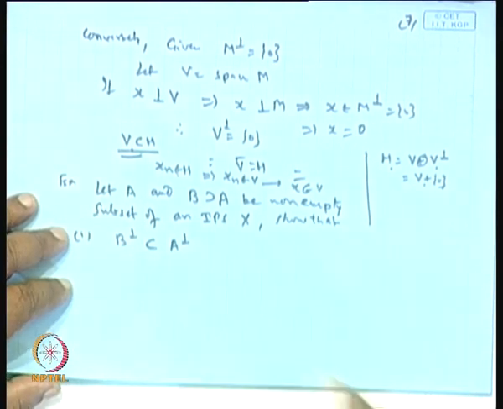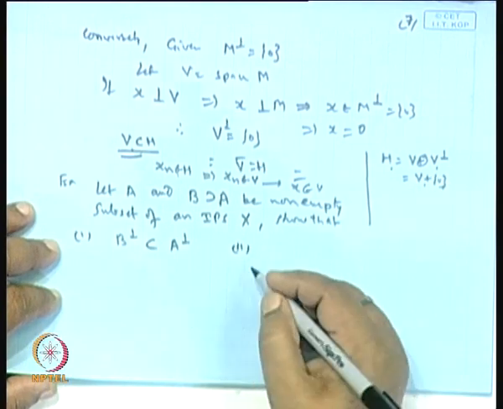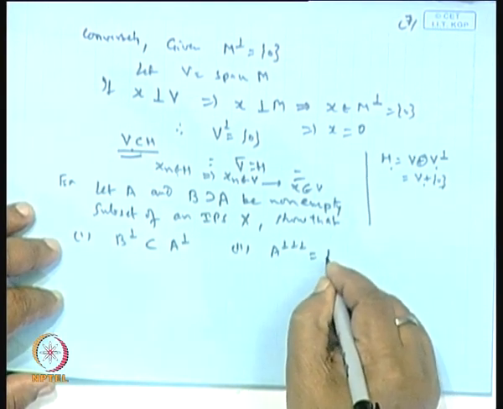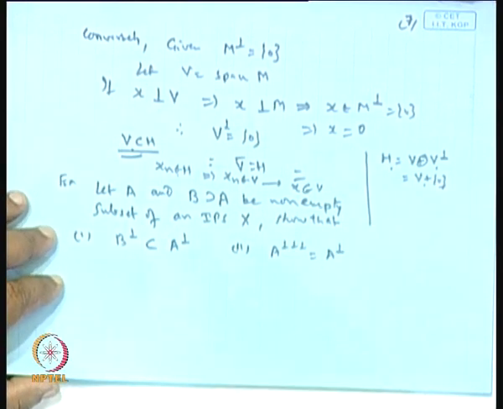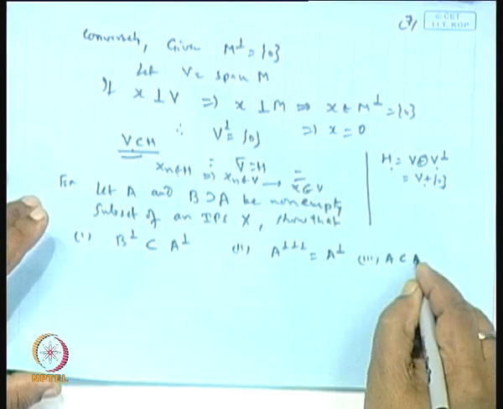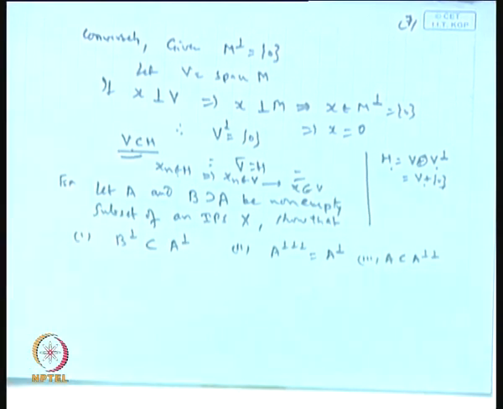Second, A perpendicular is a closed subspace, this is obvious, of course. And third one, which is already proved, we have stated, A is a subset of A perpendicular perpendicular. This we have already discussed. So, let us say this one.